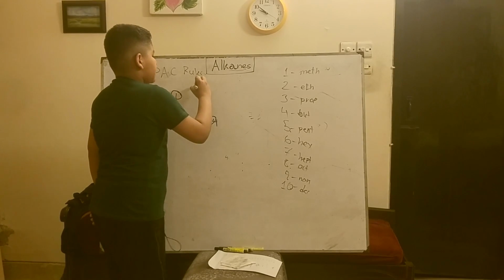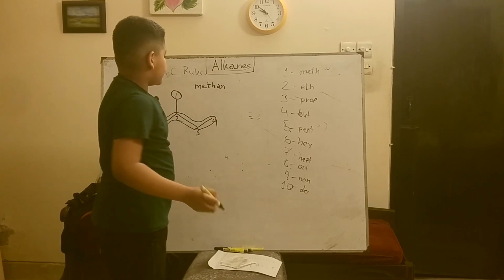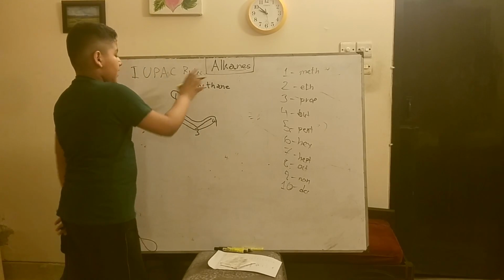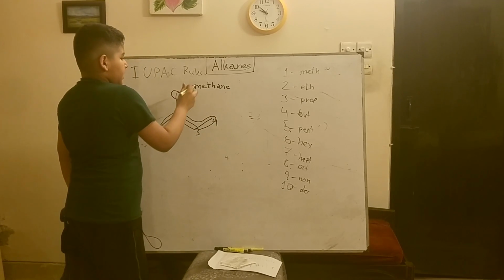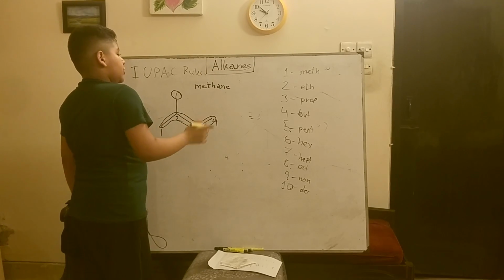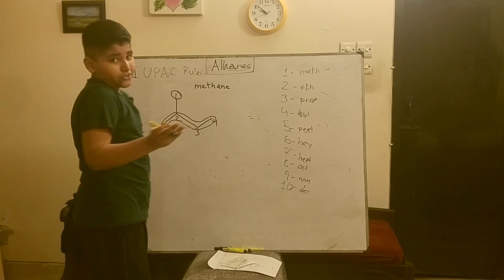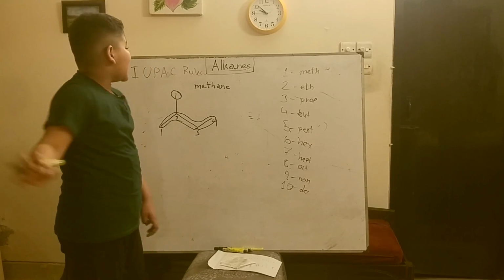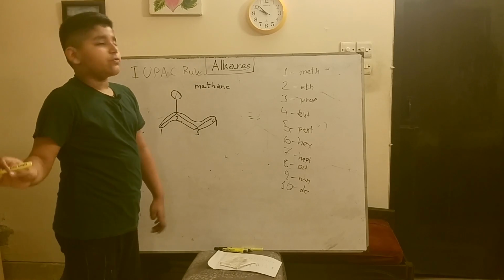Because if we write methane, an alkane, by the way, these are alkanes. If we write one carbon, which won't be a methane because there are 3 hydrogens, we wouldn't write it as methane because methane is CH4.